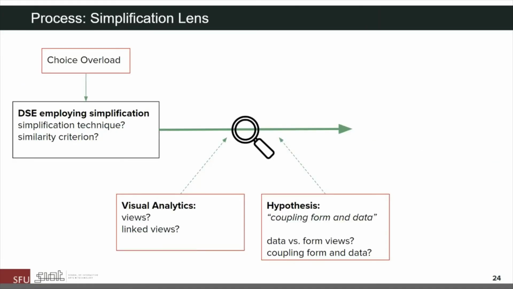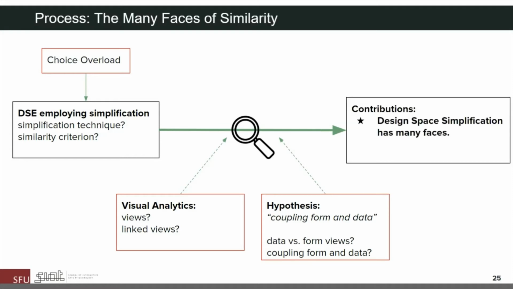Having reviewed clustering and dimensionality reduction, we can add new questions to our analysis about which simplification technique is used, if any, and how the similarity between alternatives is computed. After an in-depth analysis of about 10 systems, we arrived at our first contribution, which states that the simplification of the design space, which relies on computing similarity between alternatives, has many phases.